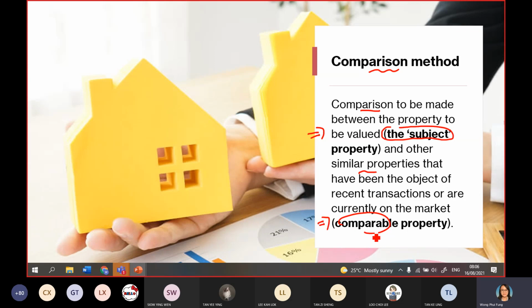That one is your comparable property. You use that to compare, to do some calculations so that you know the selling price and also the construction cost that you are going to assume for your subject property. So the subject property is your project. The comparable property is a property that serves as a comparison.